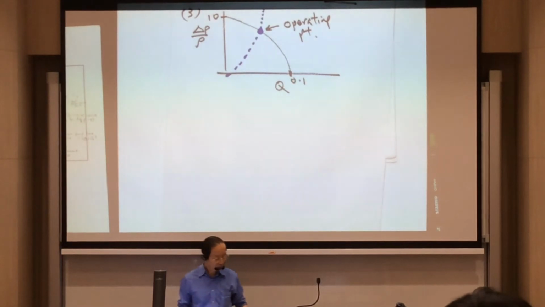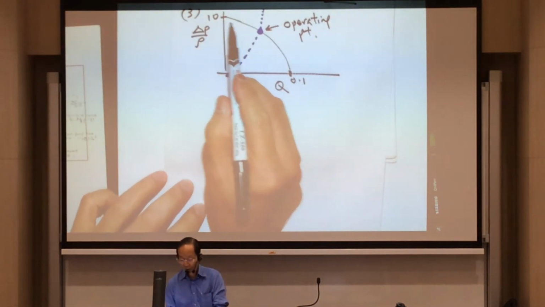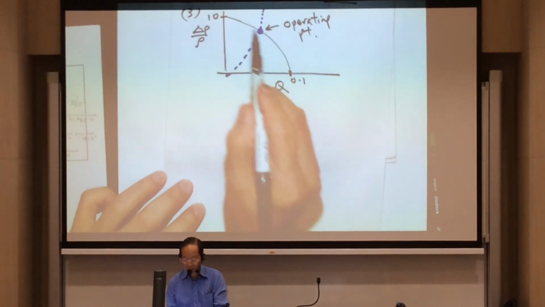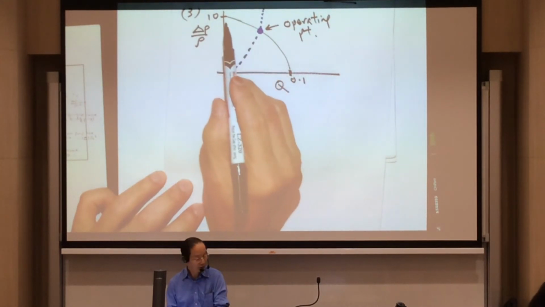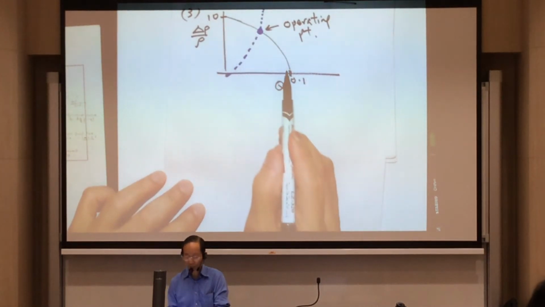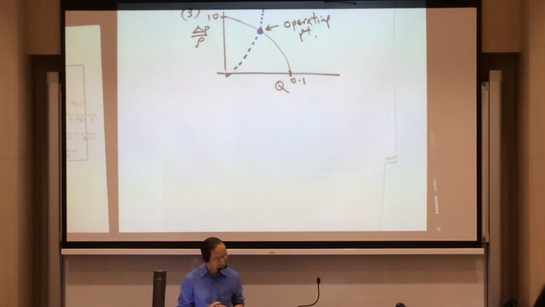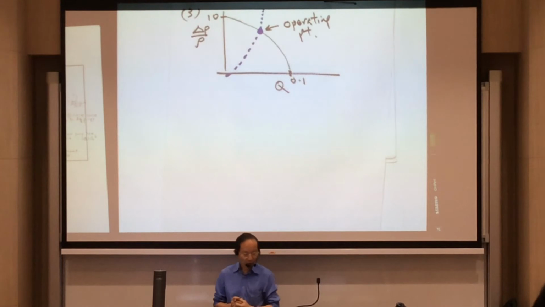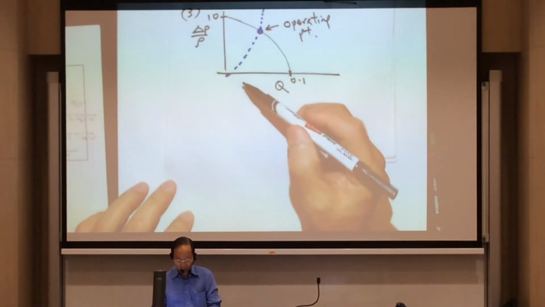And the given expression, delta P over rho is equal to 10 minus 1000 Q squared, will give you this system curve. The given equation in the question will give you this curve. That's how this curve is sketched. So that's the pump characteristic curve at the operating point.